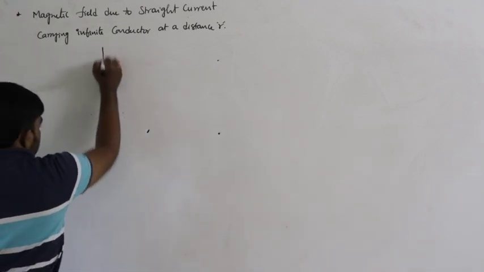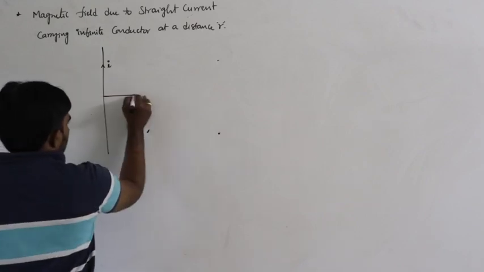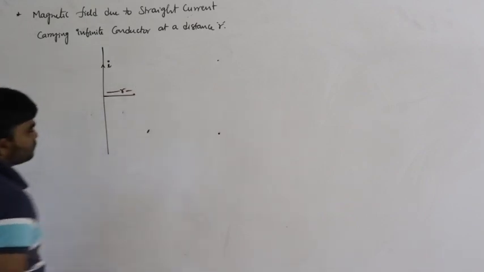See here, this is the straight current carrying conductor I, at a distance r.